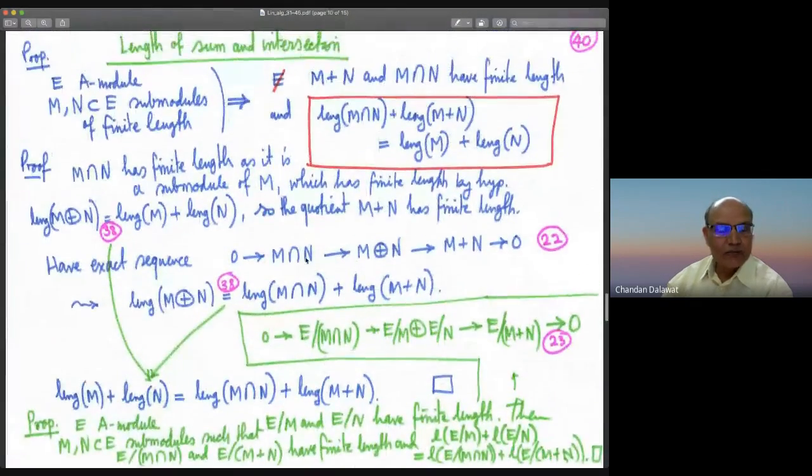Okay, so we have proved that these two modules, M intersection N and M plus N, have finite length.